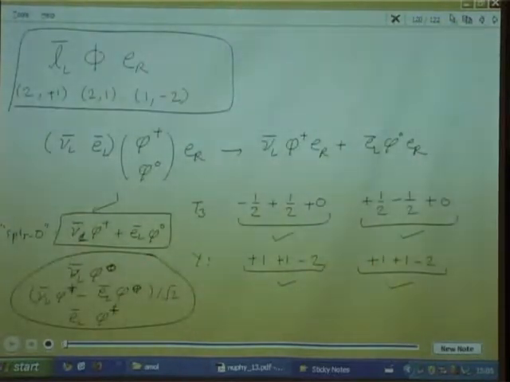Similarly, if I went to the electron part, this means a nu L coming in, ER going out, and a phi plus. And this means that I have an EL coming in, ER going out. So interaction terms give us vertices, they don't give us masses.